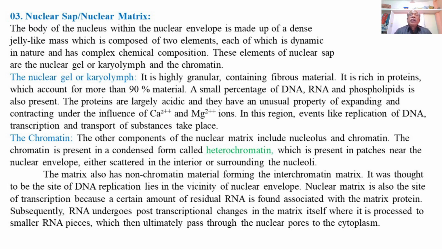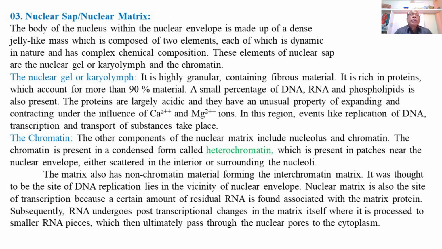Then the next important component, or the material of the nucleus which is enclosed inside the nuclear envelope or nuclear membrane, is called nuclear sap, nuclear matrix or nucleoplasm.